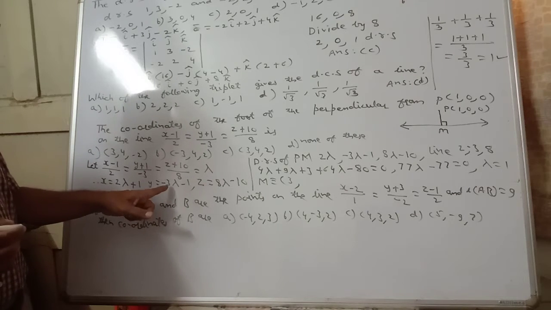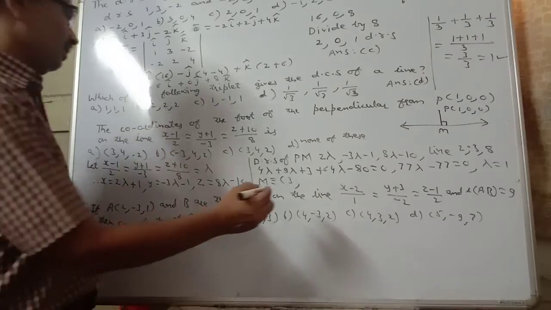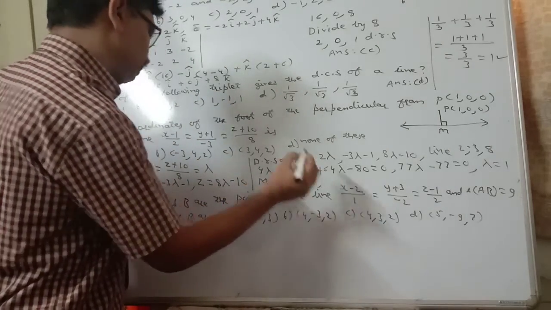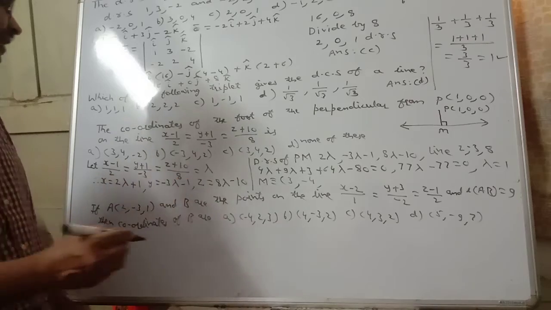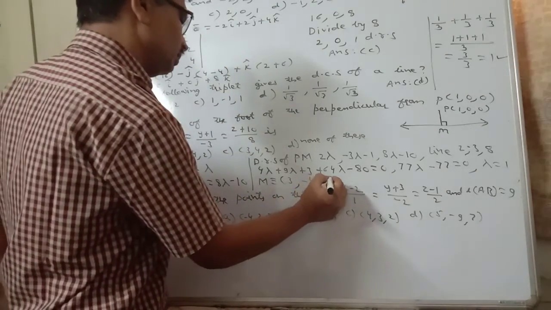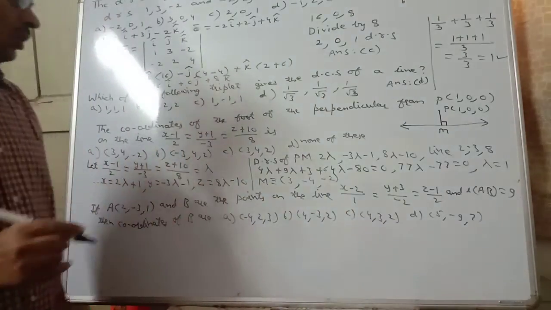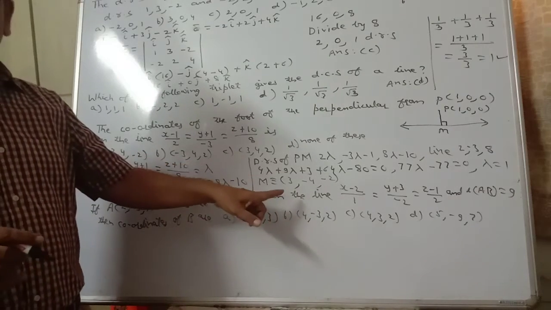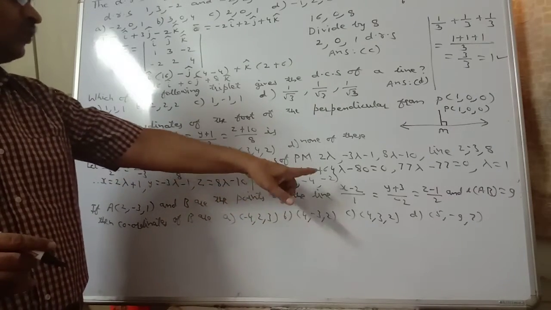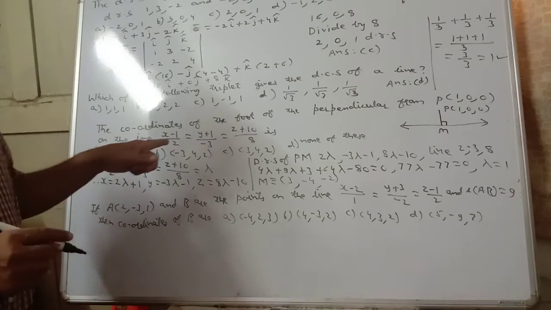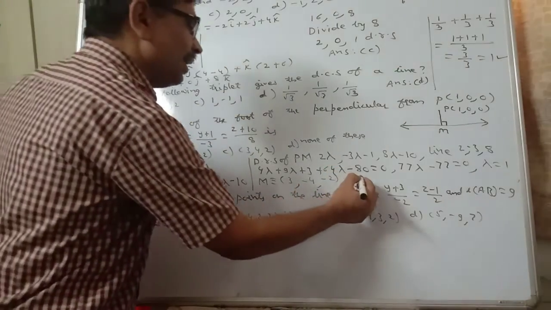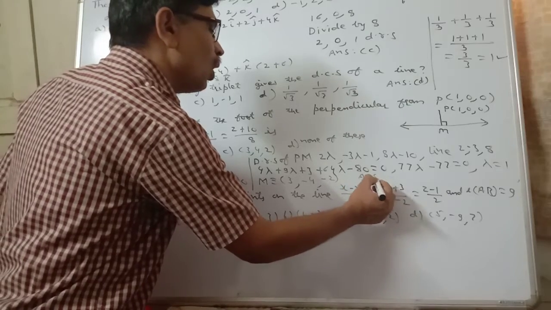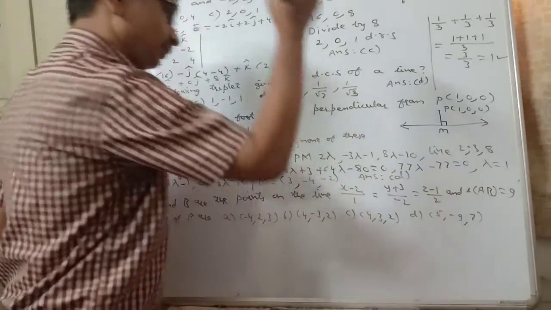Minus 3 into 1, minus 3, minus 1, minus 4. 8 into 1, 8, minus 10, minus 2. So coordinates of the foot of the perpendicular are (3, minus 4, minus 2). No option contains these coordinates. So here the answer is option D.